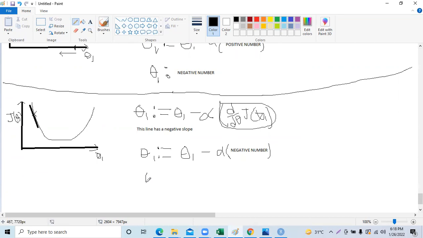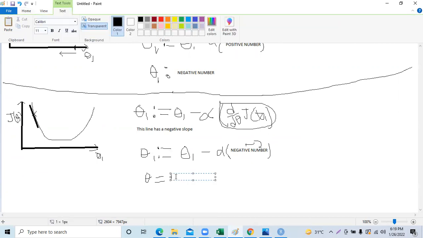This means that our new value of theta 1 is going to be, so this is minus times minus, so let's say this is minus 2, for example. Minus times minus will give us plus. So our theta 1 is going to give us a positive number.